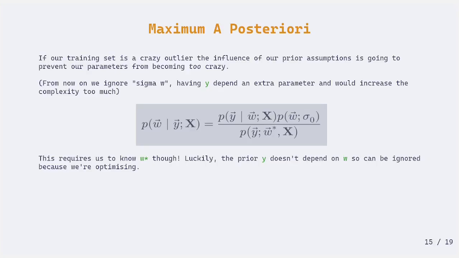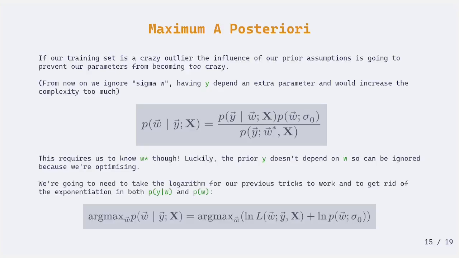The problem with that is the probability of our outputs occurring depends on sigma w star and sigma, which we don't know. So we're stuck, right? We're not stuck, don't worry, because this is a factor. It doesn't depend on w. So if we're doing argmax or argmin or whatever, if we're doing optimization, we can ignore it. So we do not need to stress about it.